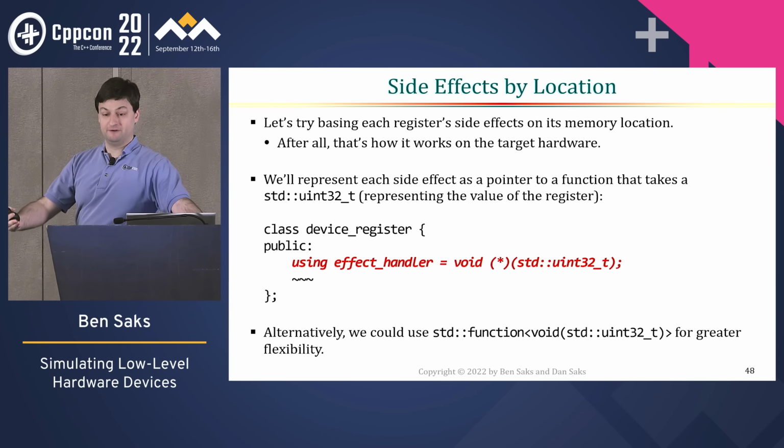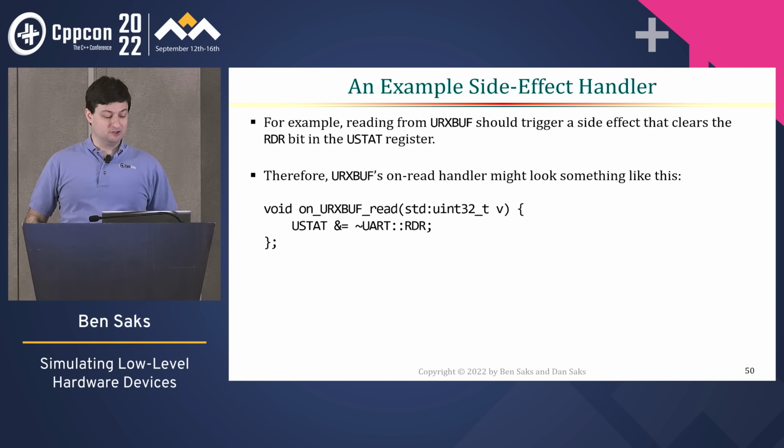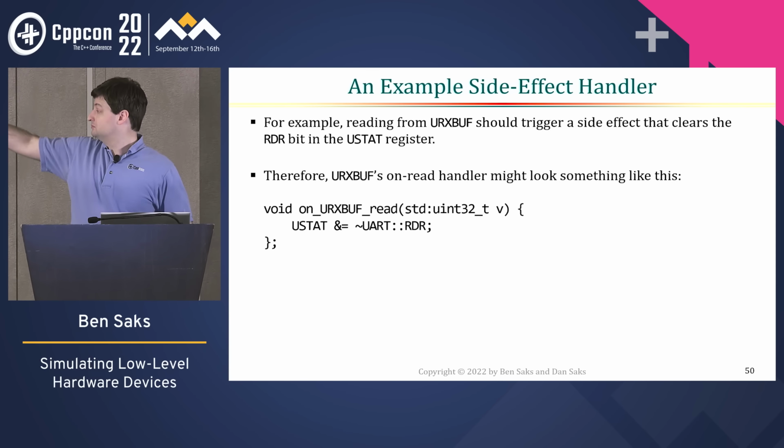So again, going back to the example I've used so far, reading from the receive buffer, we want that to trigger a side effect that clears the read data ready bit in the status register. So the handler for that might look something like this. As a first approximation, we want a function that's going to go to the status register and clear the RDR bit there.